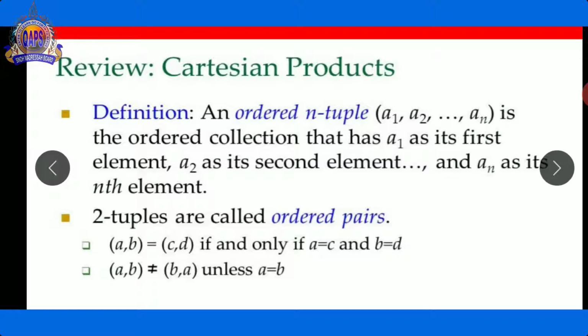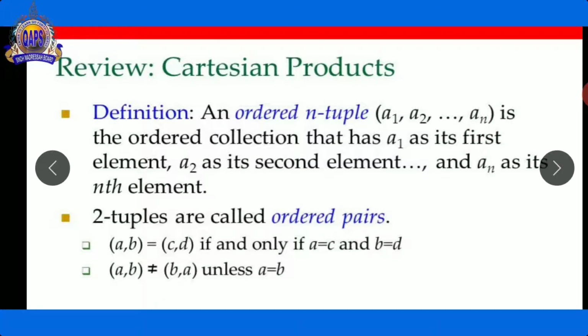An ordered n-tuple from a1 to an is the ordered collection that has a1 as its first element. So we see here that a1 is our first element and a2 is our second element and so on, and an is its nth element, or you can say an is our last element.